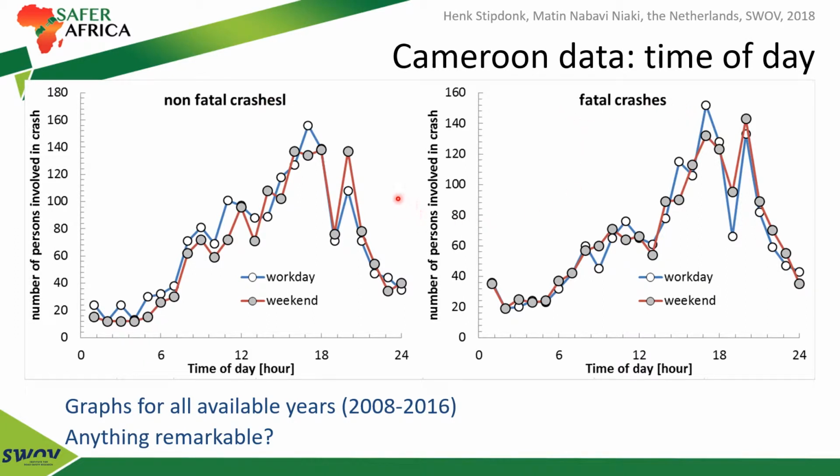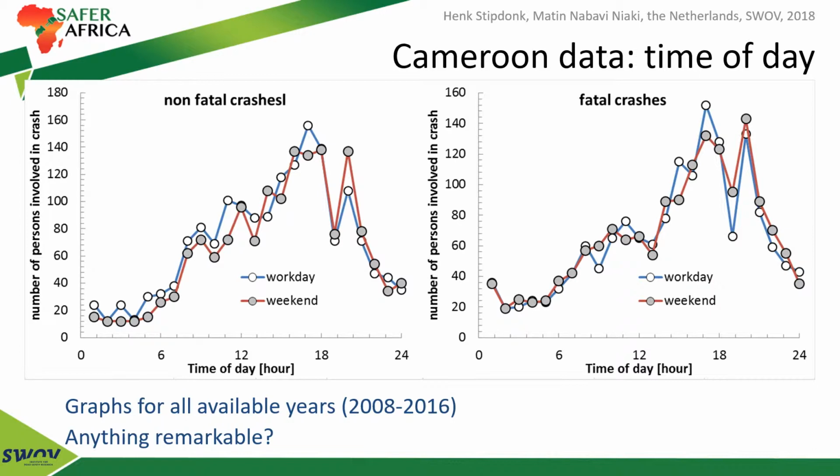And also you can see that the distribution of workday numbers, which are open symbols, is virtually the same as that for weekend days, the gray ones, both to the left and to the right. So there's not much need to make a distinction between work days and weekend days if you're doing the analysis, because it looks the same.